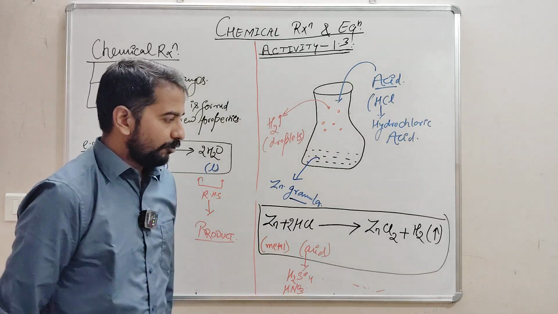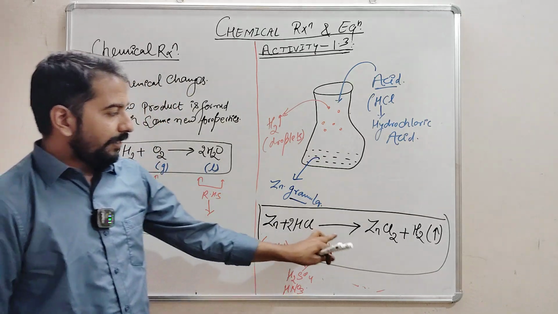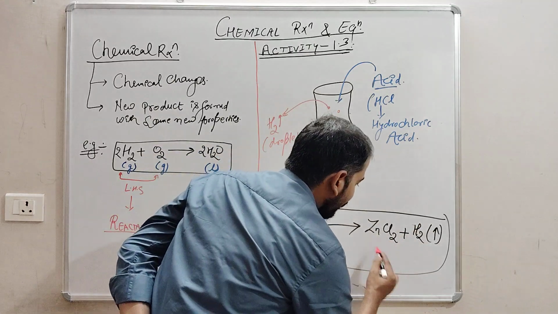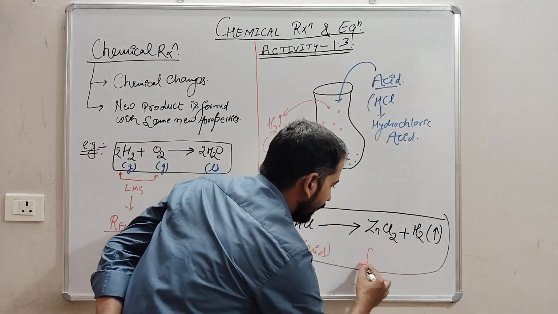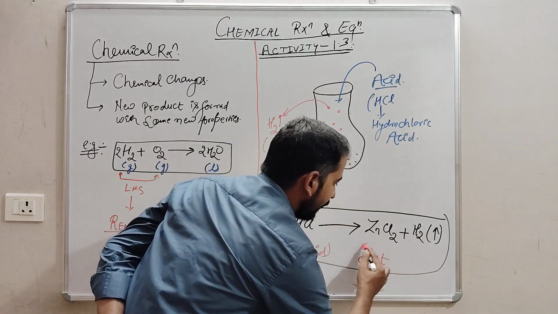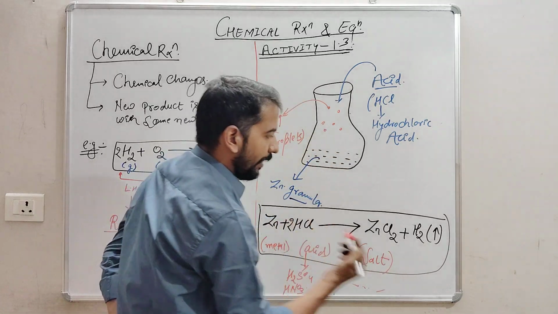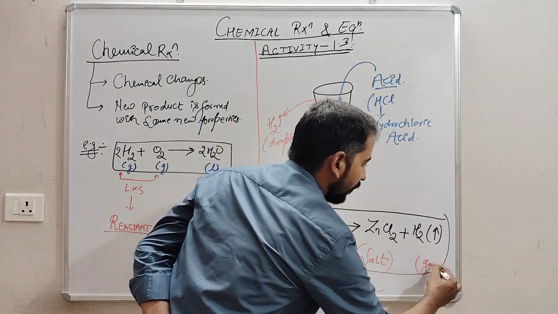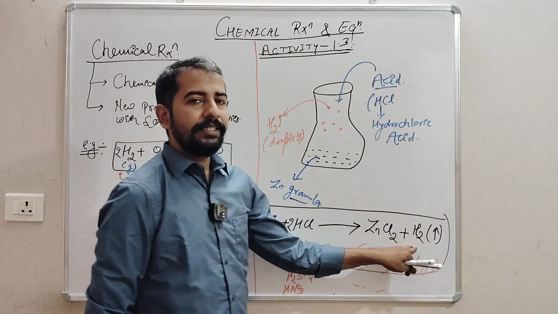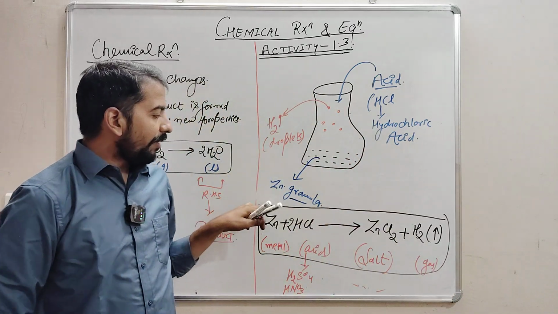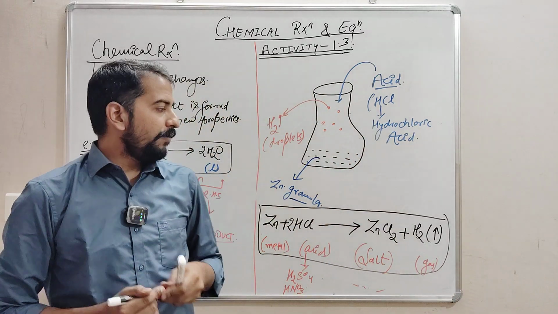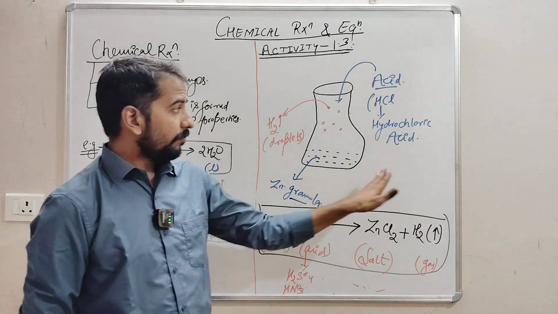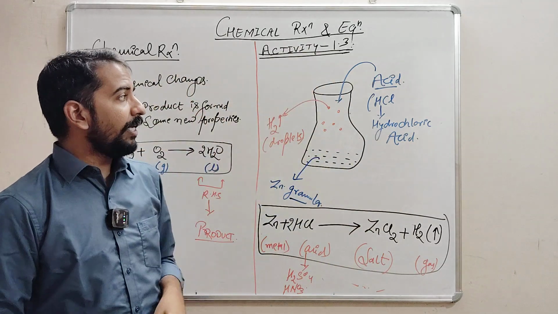This type of things also you can take. Okay, so by using this one you will get the salt of that metal, whatever metal you are taking, and you will get the hydrogen gas. So the main basic thing is once metal reacts with acid, it will form hydrogen gas. Okay, so this is your activity 1.3.